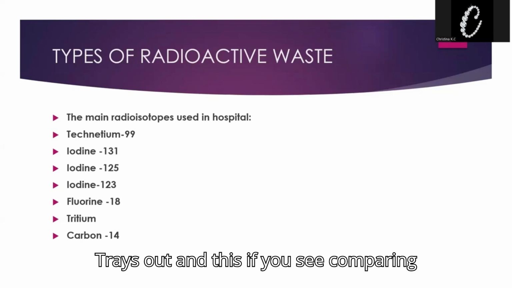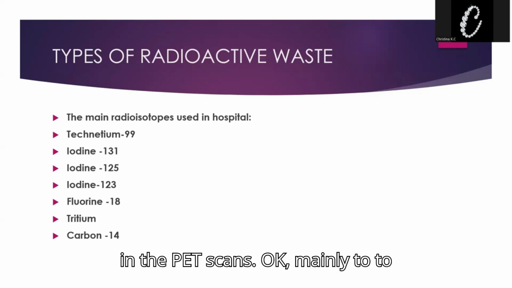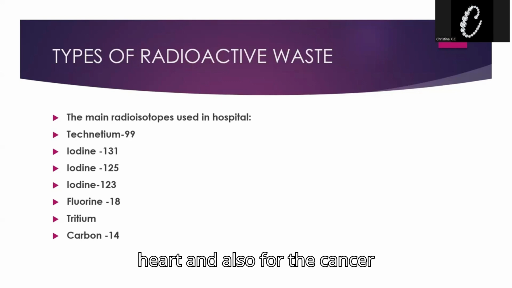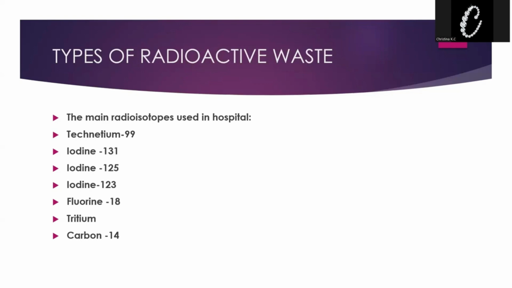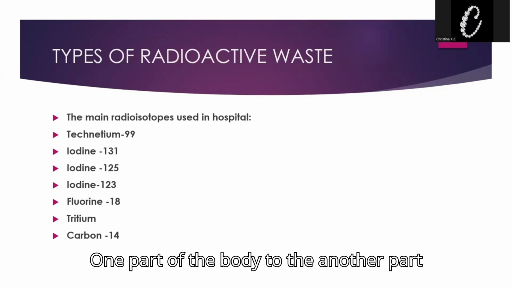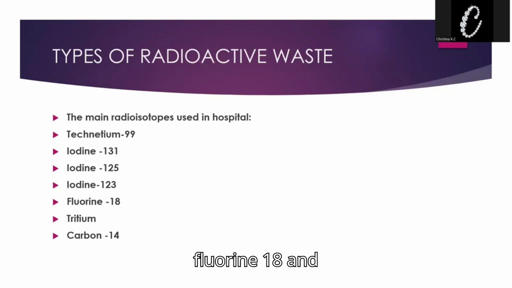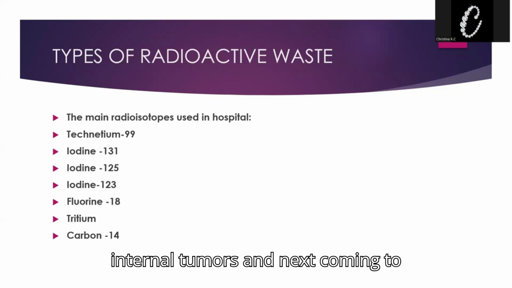Compared to CT, this is mainly used in PET scans, to check the image of the brain and the heart, and also for cancer patients to check the metastasis, like how the cancer is spreading, whether the cancerous cells have spread from one part of the body to another. You have to check the metastasis through this fluorine 18. This is also used in treating certain internal tumors.